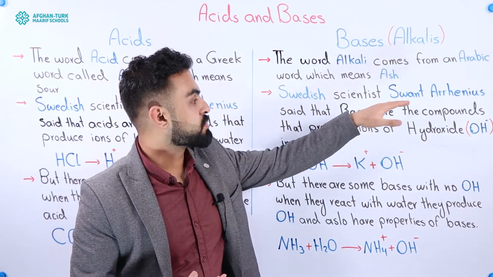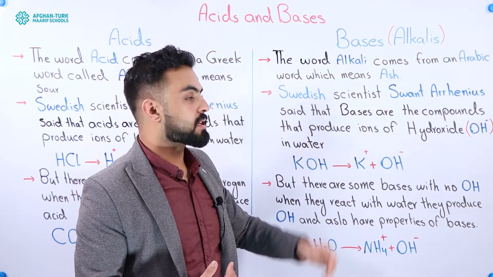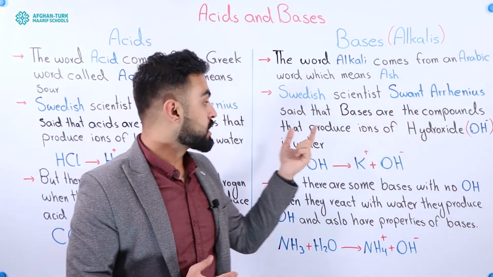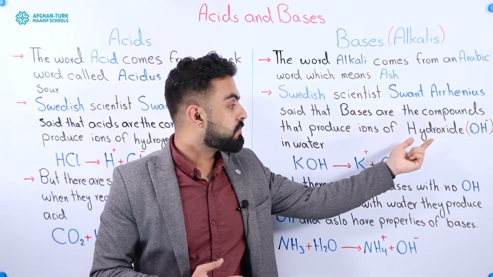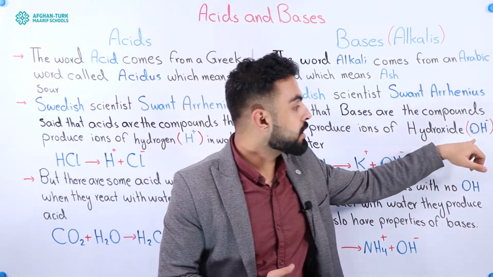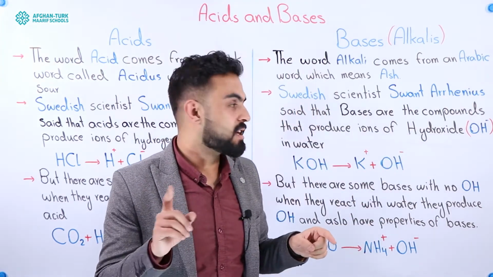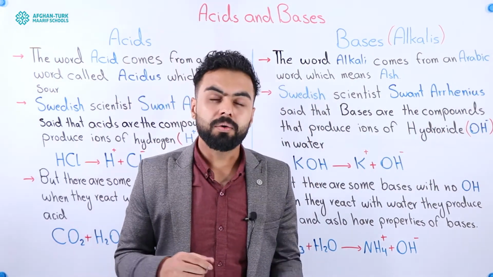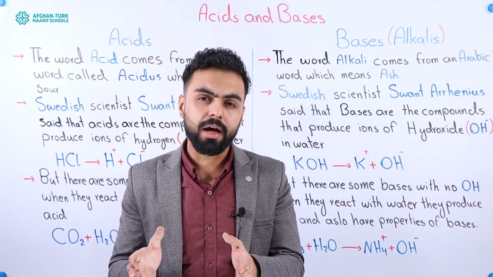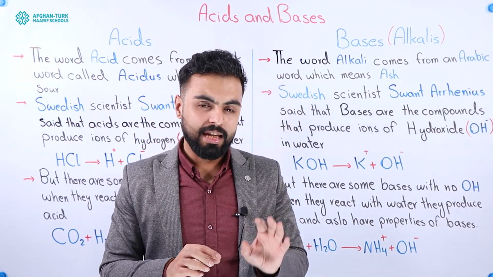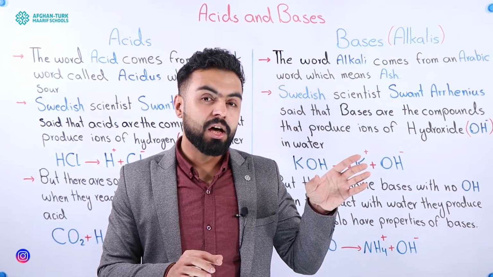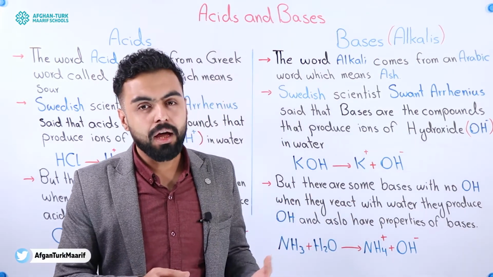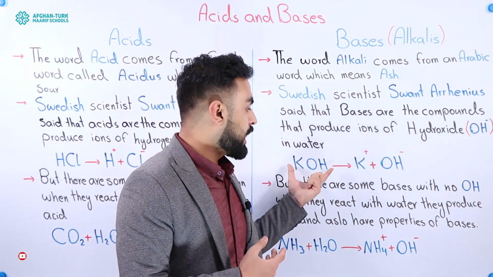Again, Mr. Svante Arrhenius, that Swedish scientist, said bases are the compounds that produce ions of hydroxide, OH, and the charge is -1, in water. So he means that if we dissolve a compound in water, and it produces OH or hydroxide in water, that compound is actually a base.